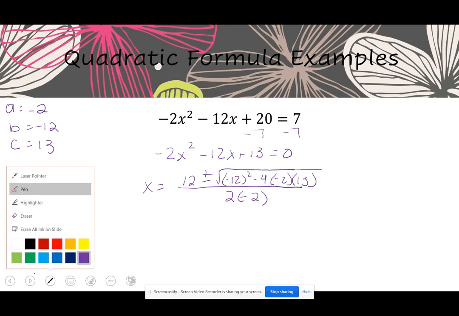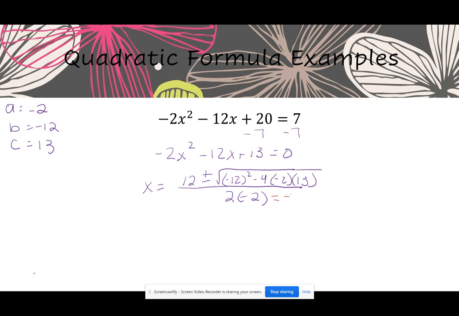If we solve these separately, the bottom, of course, is negative 4. The top I'll do over here. We have 12 plus or minus the square root of negative 12 squared, which is positive 144, plus, because we have a negative times a negative, 4 times 2 times 13 gives us 104.